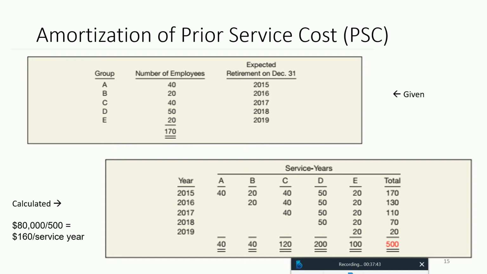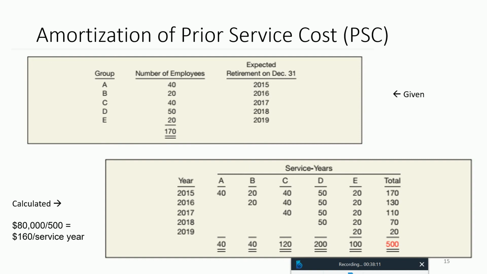So what that means is that in 2015, we have a total number of service years of 170. So we're going to take $160 per service year times 170, and that is going to represent the amount of amortization of prior service costs that we need to include in pension expense for 2015.